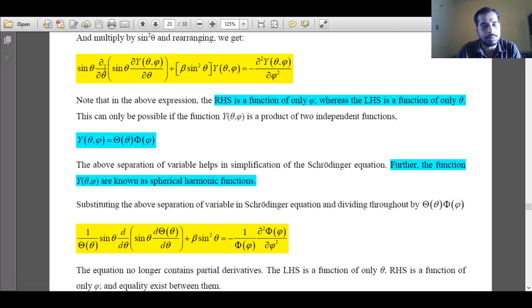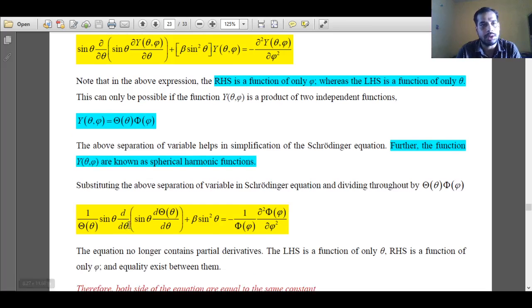Now this partial derivative is converted to the normal derivative, d over d theta, sine theta, d over d theta. Only the theta function is left, phi is taken out, and when I divide throughout by theta and phi, the phi function cancels out, so I am left with this function.